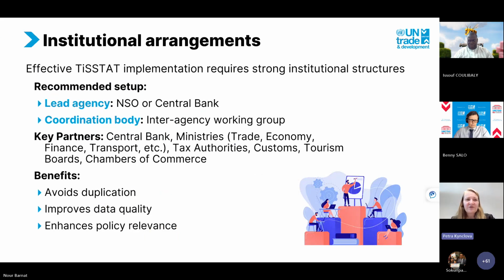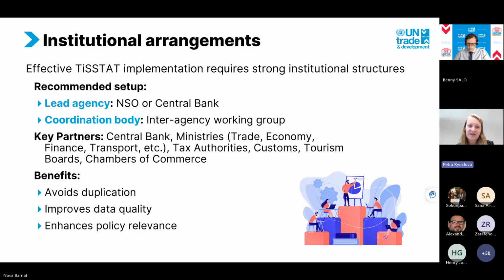As per the institutional arrangements, we are recommending a setup, but of course it can differ in each country. It's good to have one leading agency that will coordinate the whole work. Usually it's the NSO, but it can also be the central bank.